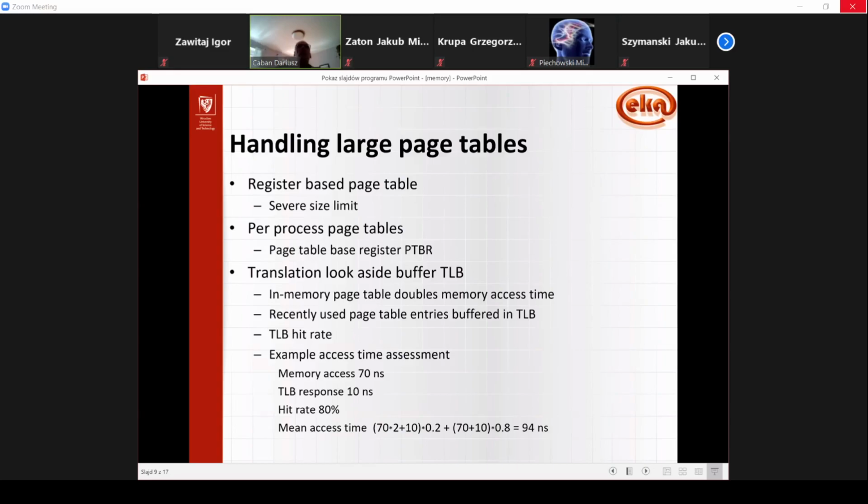And also how to determine if a page is inside the cache or if it should be copied from the memory to the cache to have quick access.